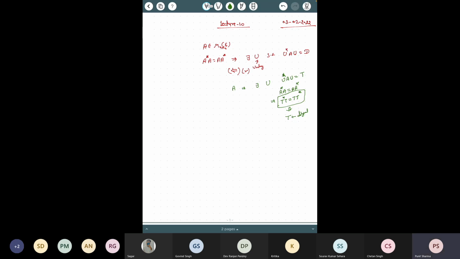Okay, so now if I want to state a similar result for real normal matrices, before I write the precise statement, I want to get some idea from you on how we can proceed, and what statement we can expect. So let me give you one example.